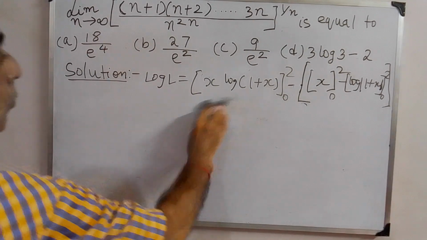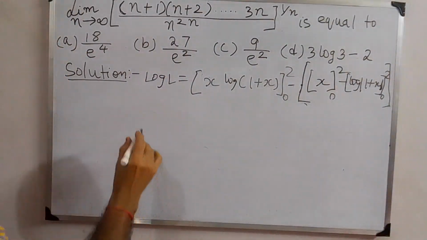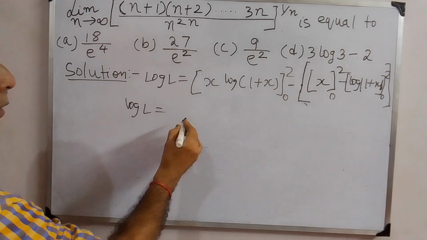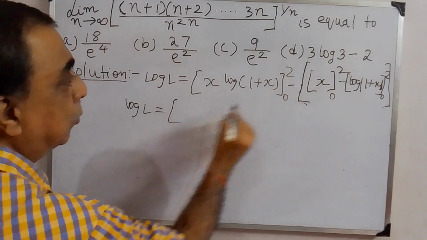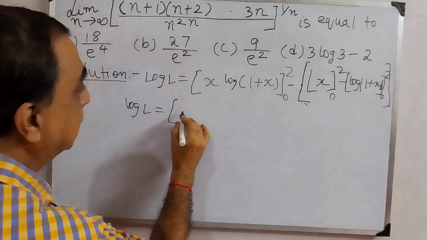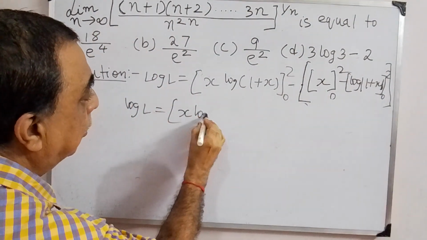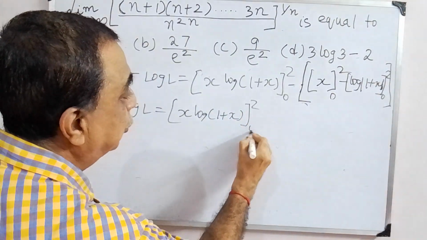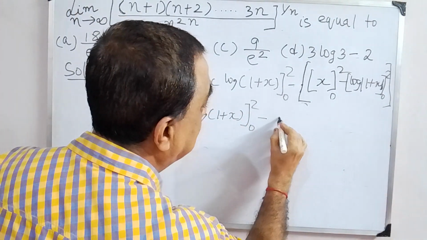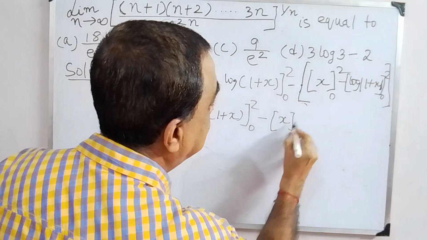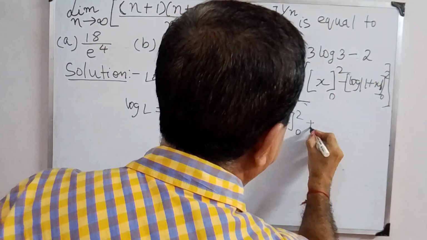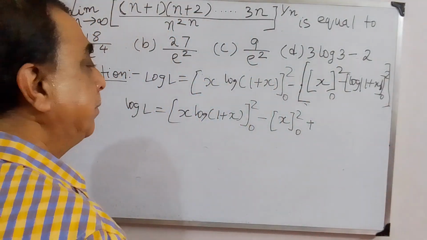So what we will have here is log L is equal to, first I am opening this outer bracket. So this becomes x log 1 plus x from 0 to 2, minus x from 0 to 2, and this minus into minus becomes plus.